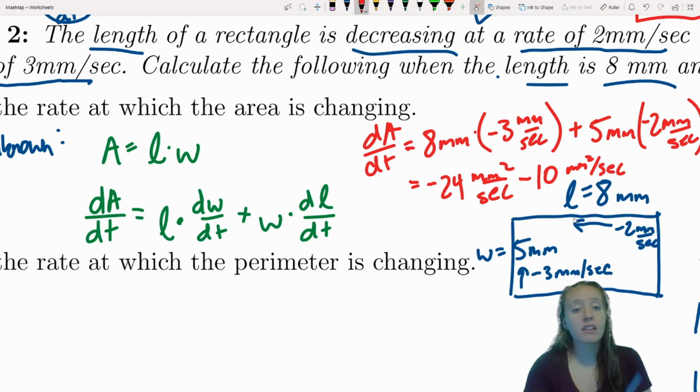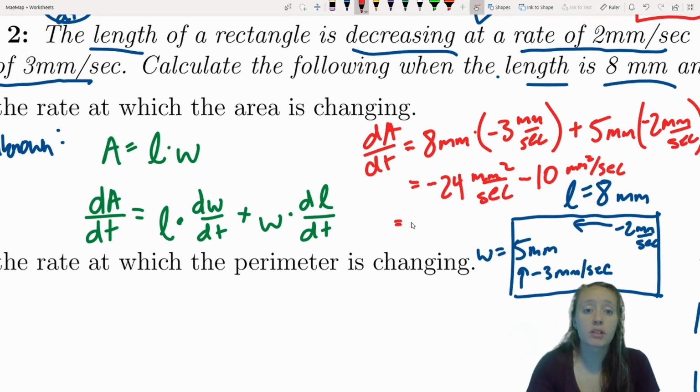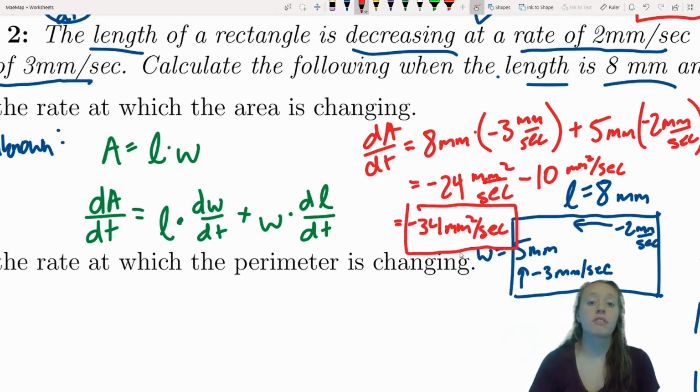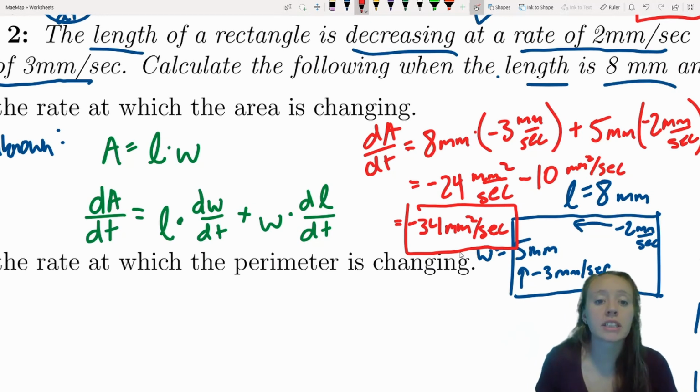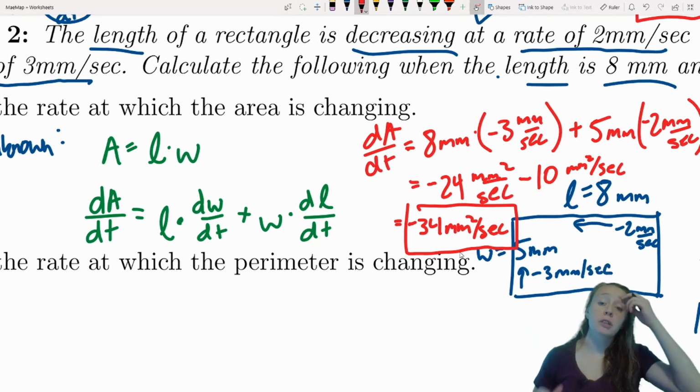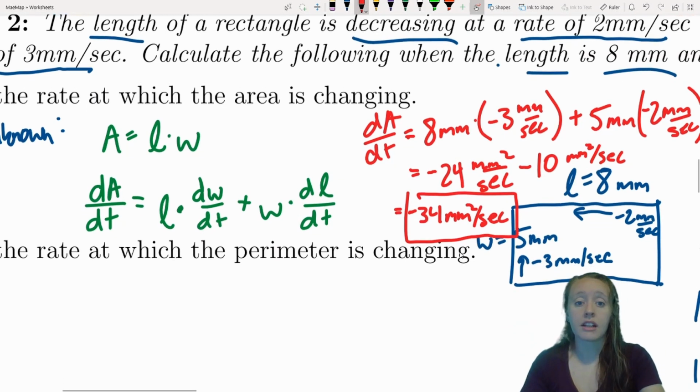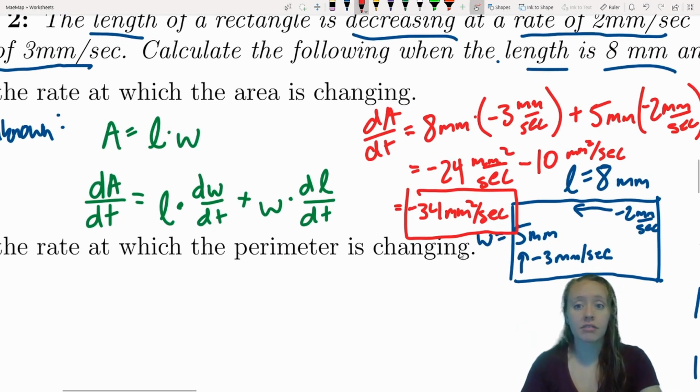So if I have negative 24 minus 10, my change in area with respect to time is a negative 34 millimeters squared per second. 34 millimeters squared per second is the rate at which my area is decreasing. And it's decreasing because it's negative.